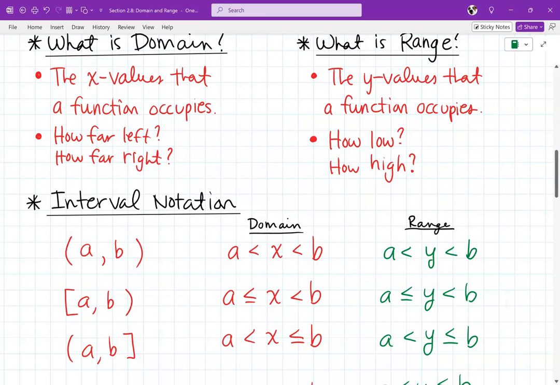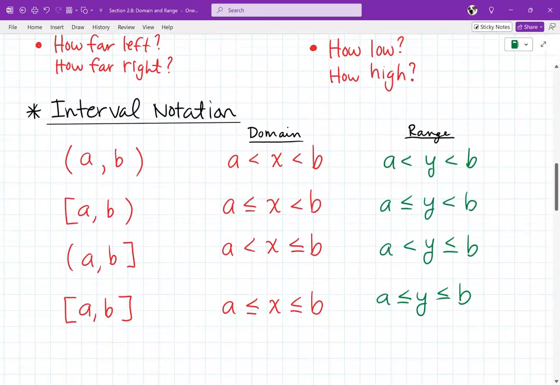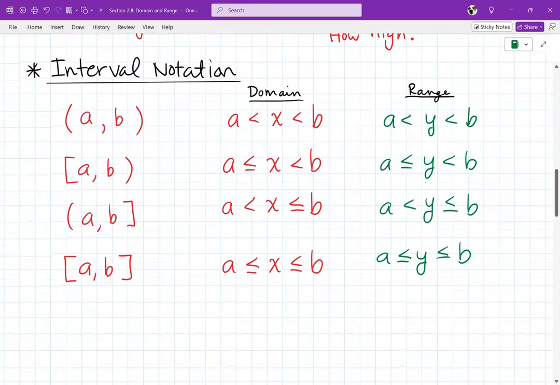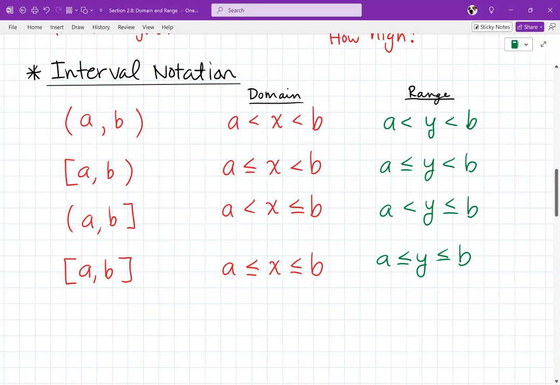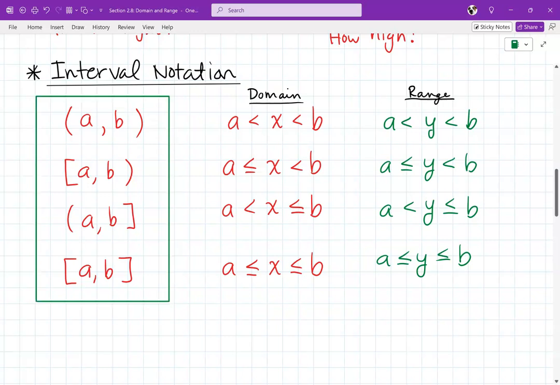Now, we're going to talk about interval notation, and again, I'm going to stop this really quick so that you guys can write it down, and then I'll get back to it. So all of our answers that we're going to do are going to be in interval notation. This is the part that you guys need to make sure you know. So what does the rest of it mean on the right side?